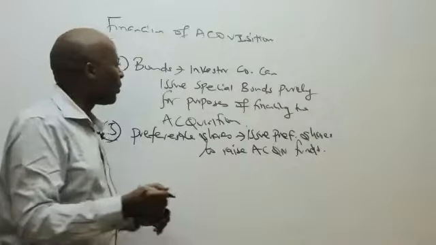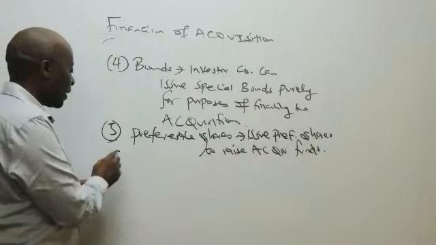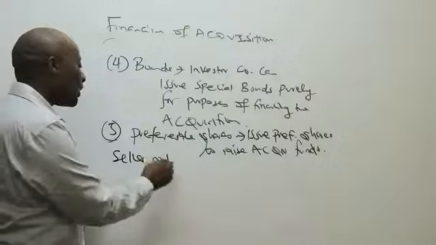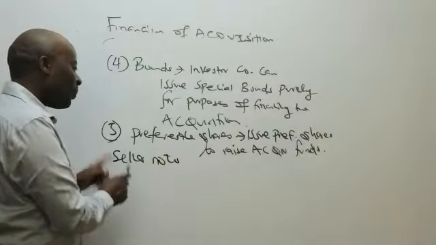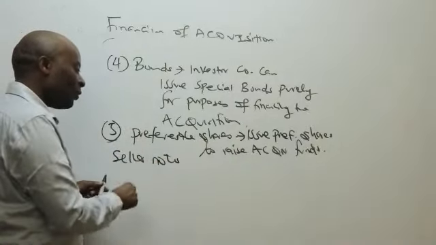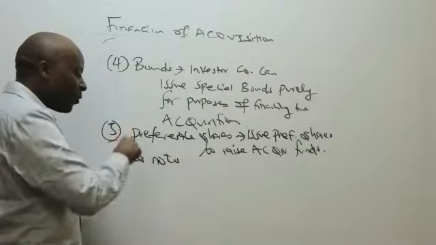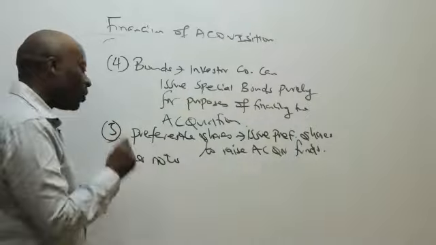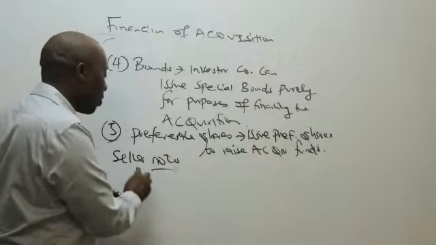Right? And then, of course, someone tells me to go back to the seller notes. Seller notes, who are selling the shares? The people who are selling the shares in this case are shareholders of the targeted company. You know, these are promissory notes.